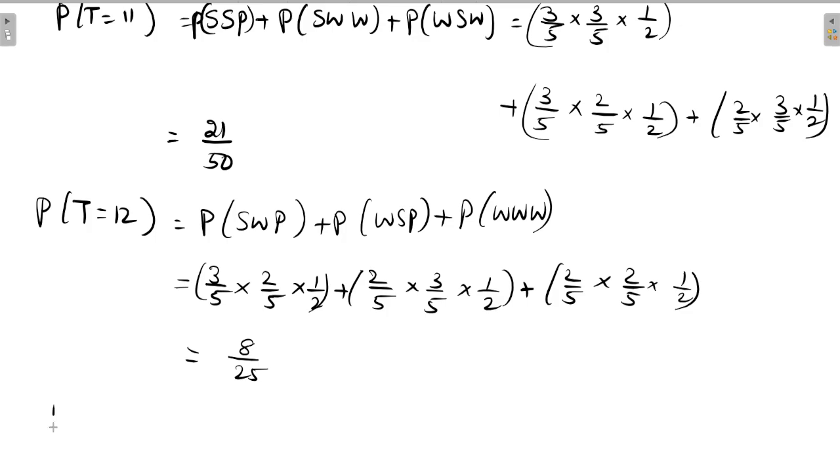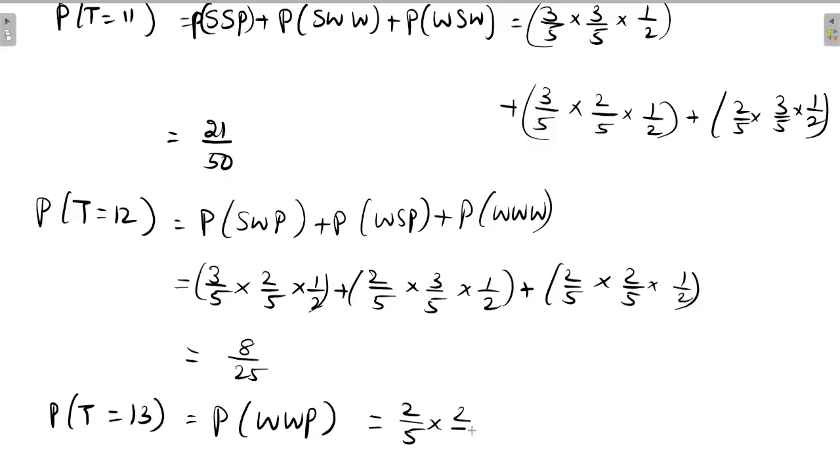Then the last possibility is the probability of the total amount for 13. Here the possibility is probability of WWP, which is equal to 2 by 5 times 2 by 5 times 1 by 2. So this is 4 by 50 or 2 by 25.